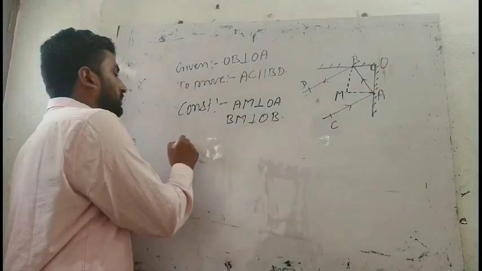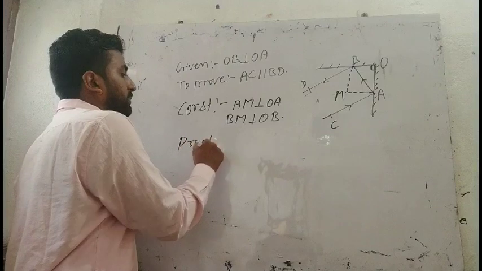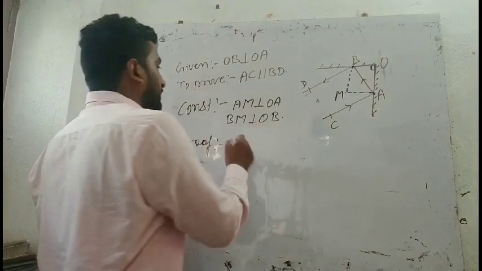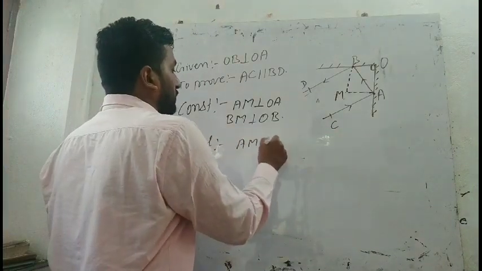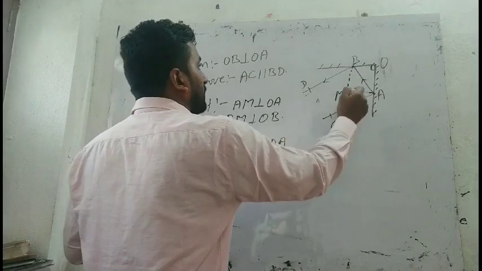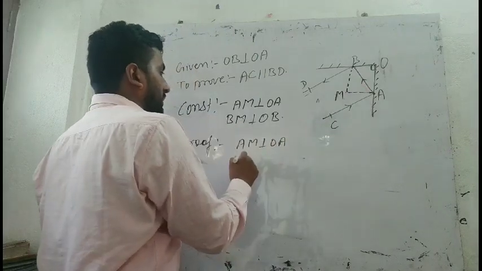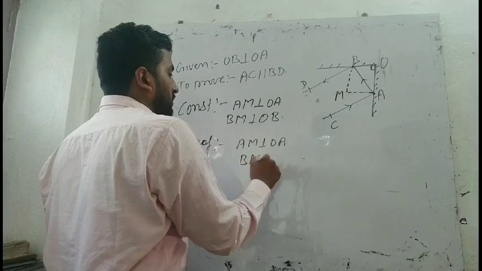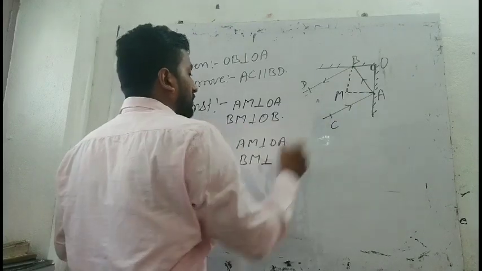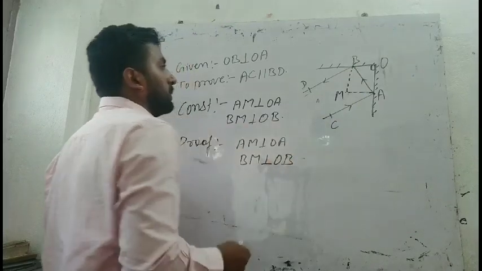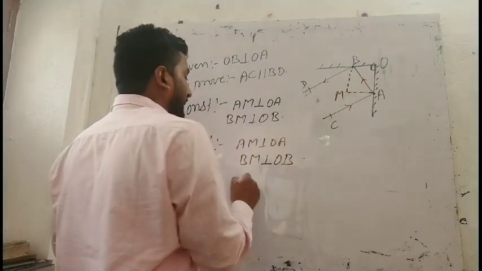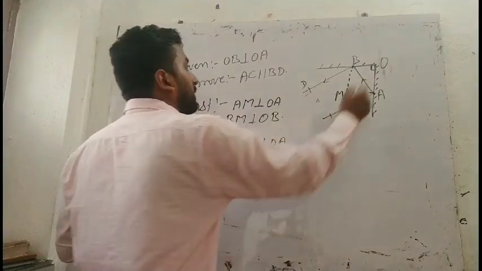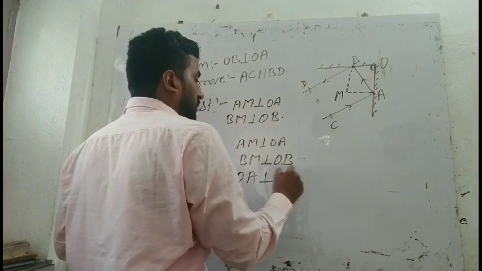Okay. Now in the proof, here AM is perpendicular to OA and BM is perpendicular to OB, and OA is also perpendicular to OB.